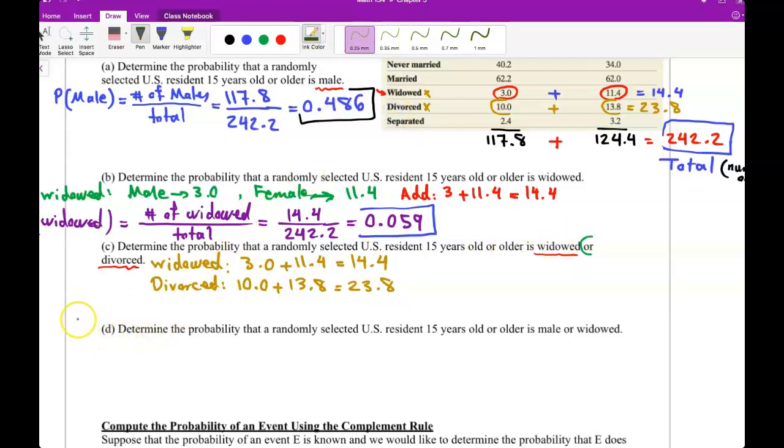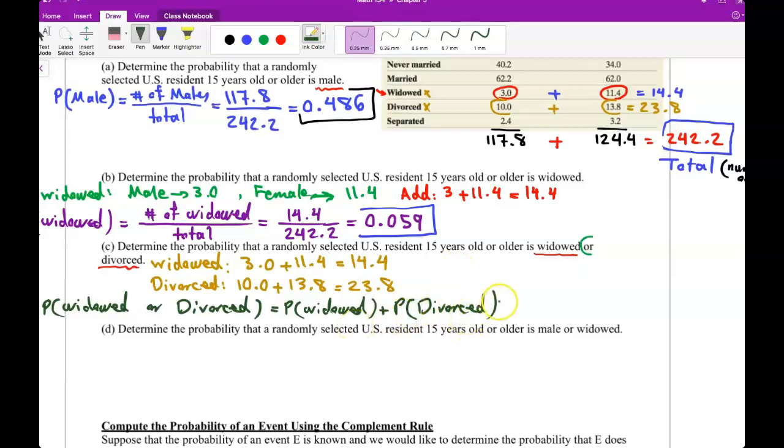Now writing the answer for this part, probability of, in between we have or. Now add each one. And between these two events, we have nothing in common. So it's equal to, here for total for that group, we have 14.4.